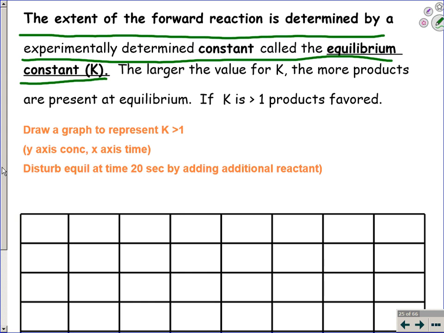The backward, and I'm not going to say backward, I'm going to say reverse, just to stay with what the terminology actually describes. So forward favors the reverse. And that means you favor which? Reactants or products? Reactants.